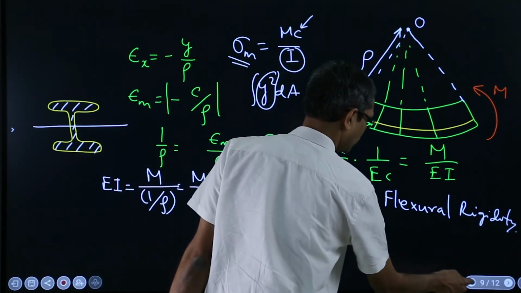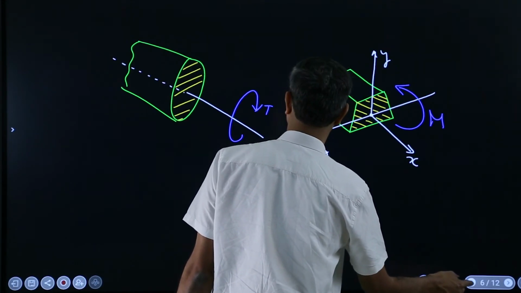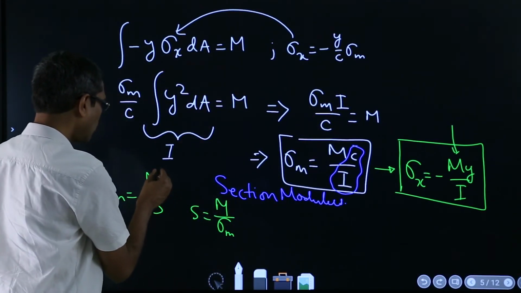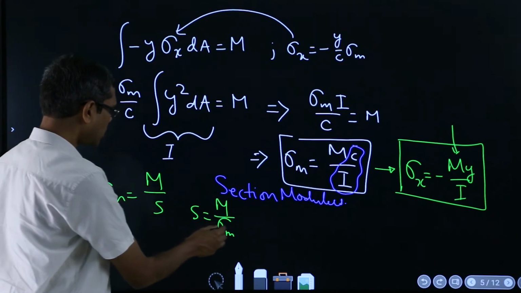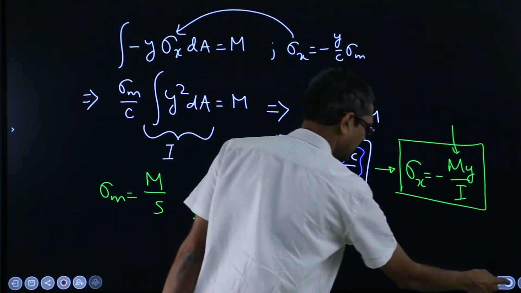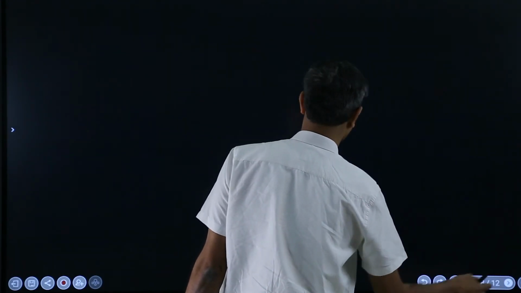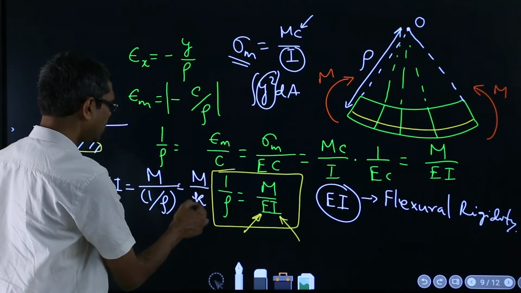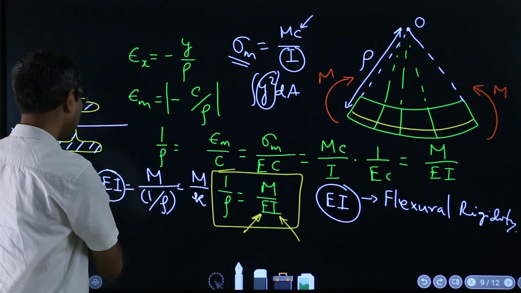Just a few minutes back we had discussed section modulus, the moment required for production of unit maximum normal stress, and here we are talking about moment per unit curvature, which is the flexural rigidity.